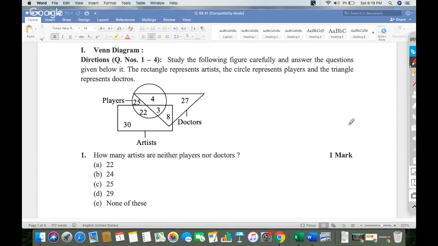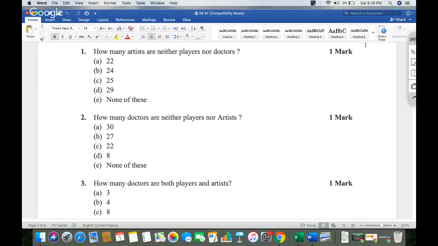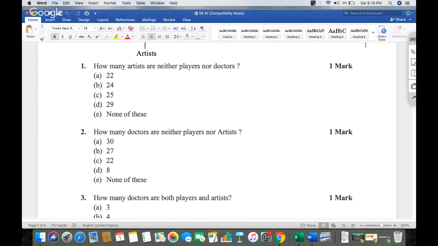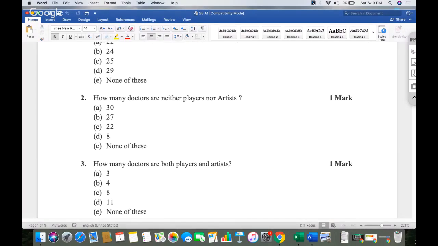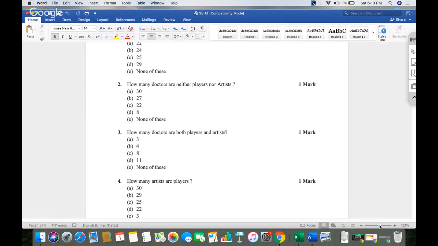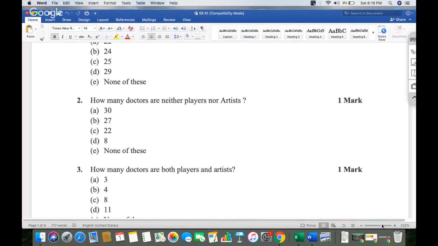Okay, let me go to another question. Okay, let me reduce it a little bit. What I'm doing is, this may not be clear, so I'm sharing this file with you on the group.